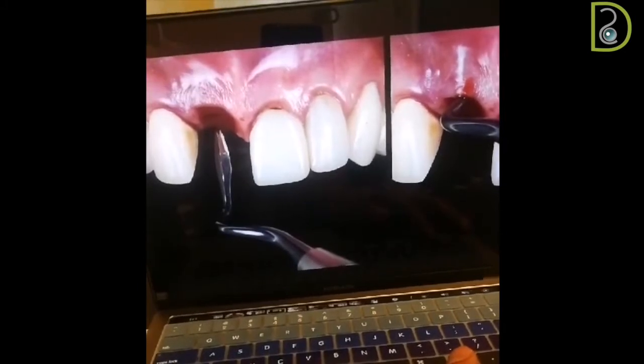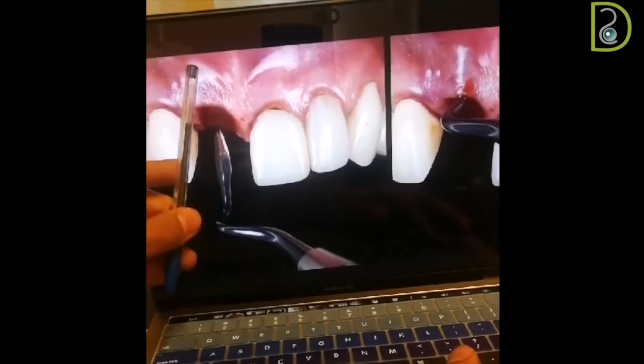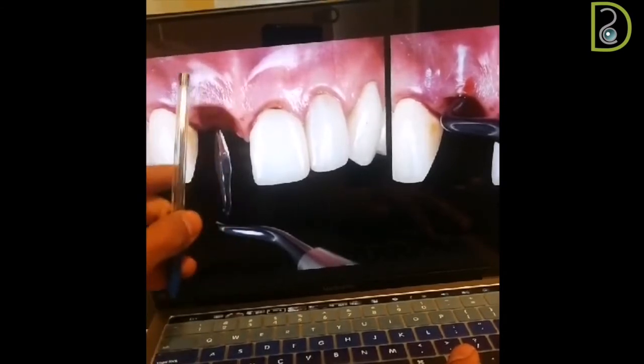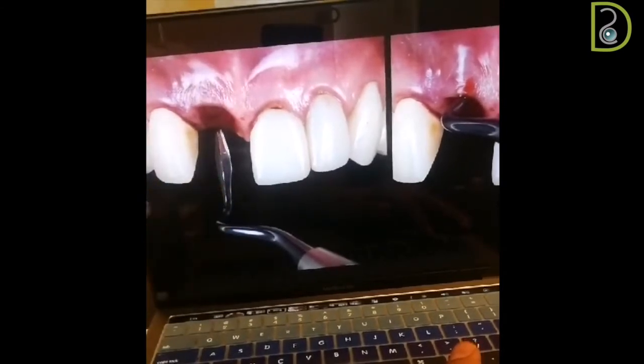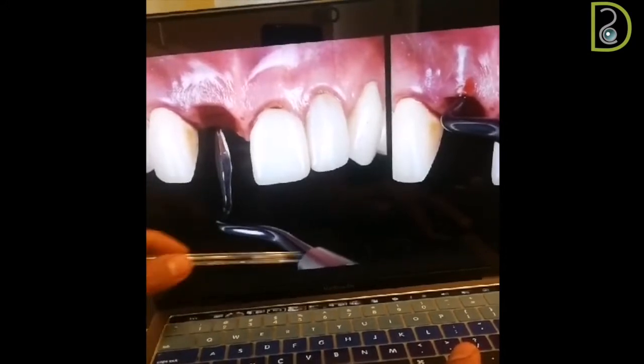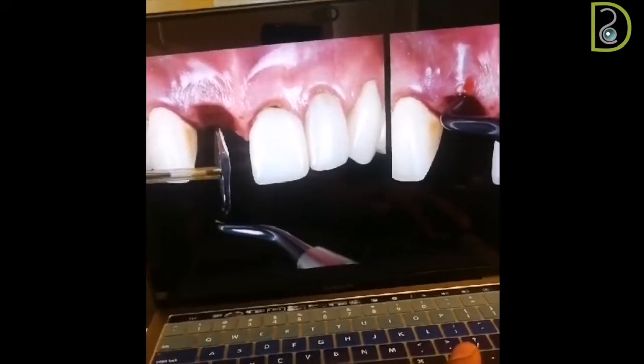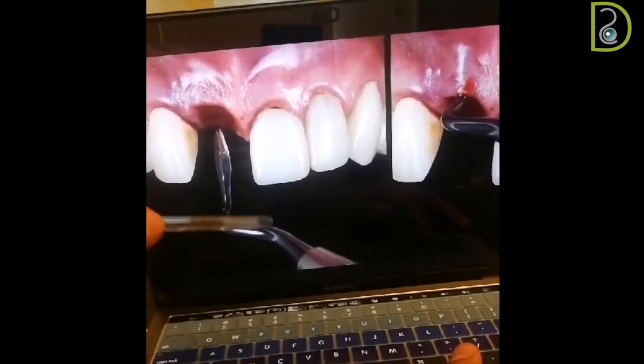After that, sharp dissection was made in the mucosa, so we can dissect all the fibers there utilizing a modified Urban knife. So this knife is one instrument in a kit of the tunnel that we usually use for root coverage procedures.